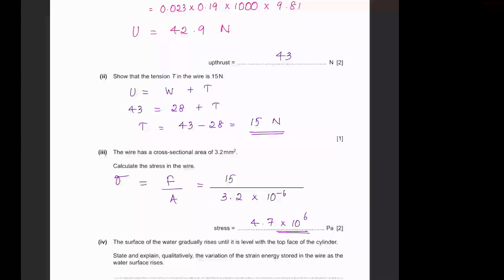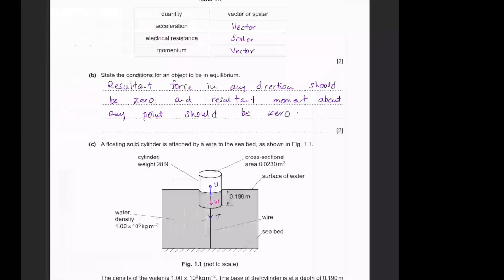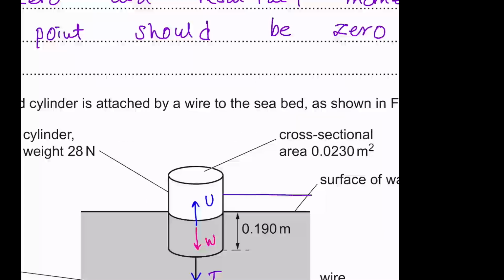Do you understand the question? Now this water level is rising. So guys, tell me, if the water level rises, what will happen to the upthrust? Will increase.